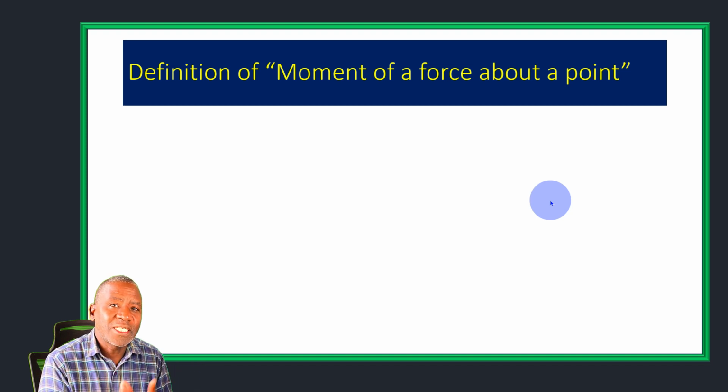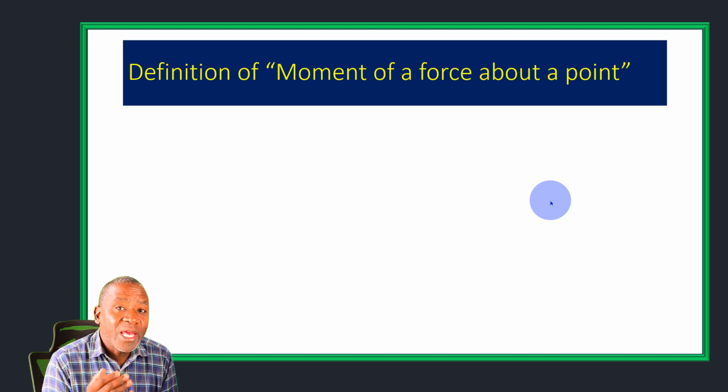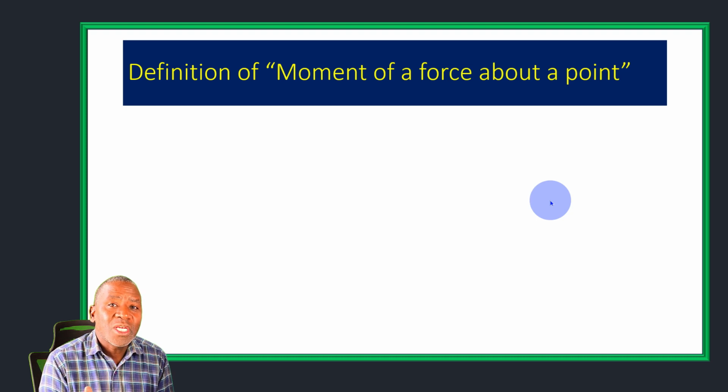As a matter of fact, in examinations you may remember a question like state maybe 2 or 3 effects of a force, and you may have stated that a force can make an object which is stationary to start moving, or one which is moving to either move faster, slow down, change direction, and so forth.